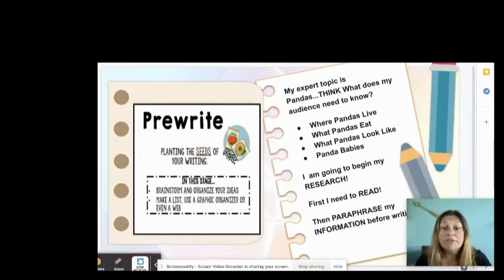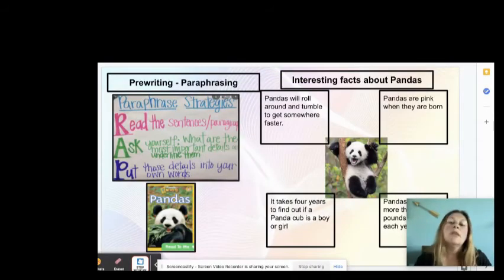I'm going to begin my research. First, I need to read. Then I paraphrase my information before I write. So for example, pre-writing, paraphrasing about the book Pandas. Interesting facts that I learned about pandas were that pandas will roll around and tumble to get somewhere faster.